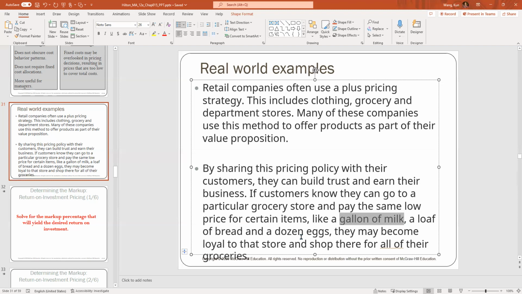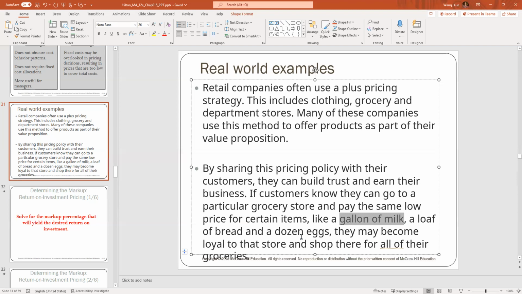So when customers are attracted to the store for the special price items, they will do shopping for other general items as well. And they may pay your regular pricing or even higher pricing than other competitors. That's kind of my take on this.